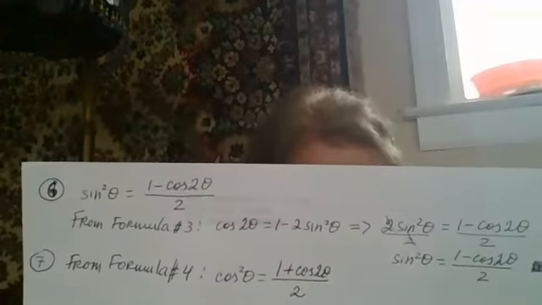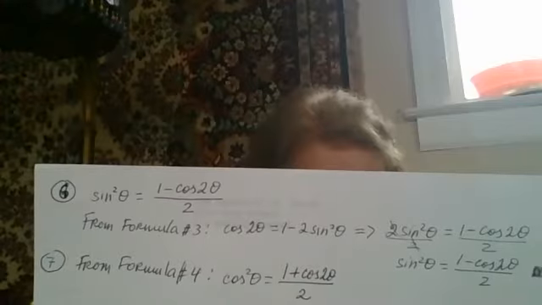You will get cosine squared theta equals a fraction with 1 plus cosine of 2 theta on the top and 2 on the bottom. You can easily get this formula, and this is formula number 7.